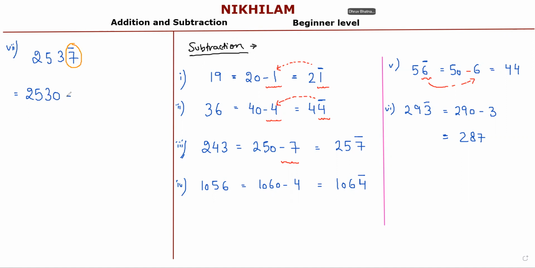And then subtract. What do you have to subtract? You have to subtract the same thing, which means you have to subtract 7. That's it. So it will be 2523.